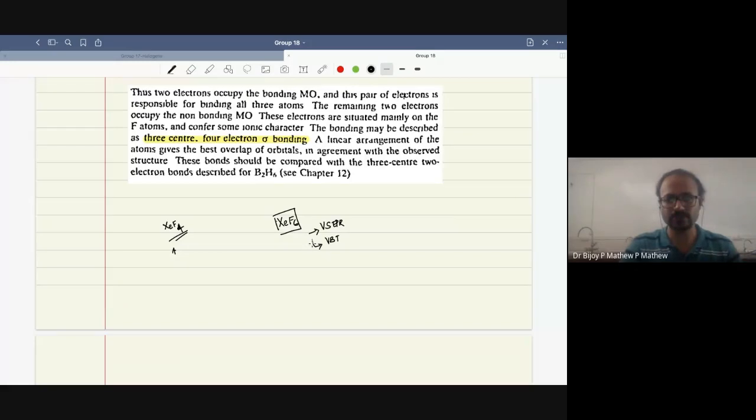I'm waiting for you to come up with the answer, and I'll ask one of you to solve this for me, and then I'll talk about the nature of bonding there. I'll give you some 10 minutes to do it. Use either VSEPR or VBT. One of you can try to do both of them because that gives you more practice. So please do that, all of you.